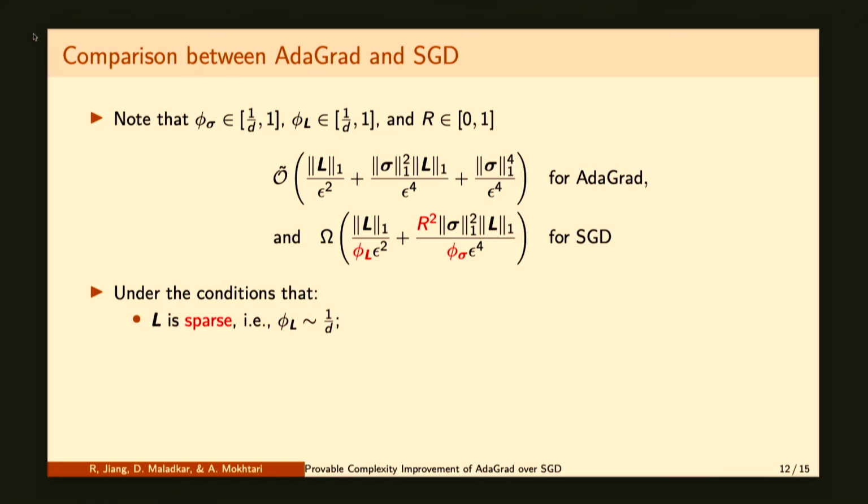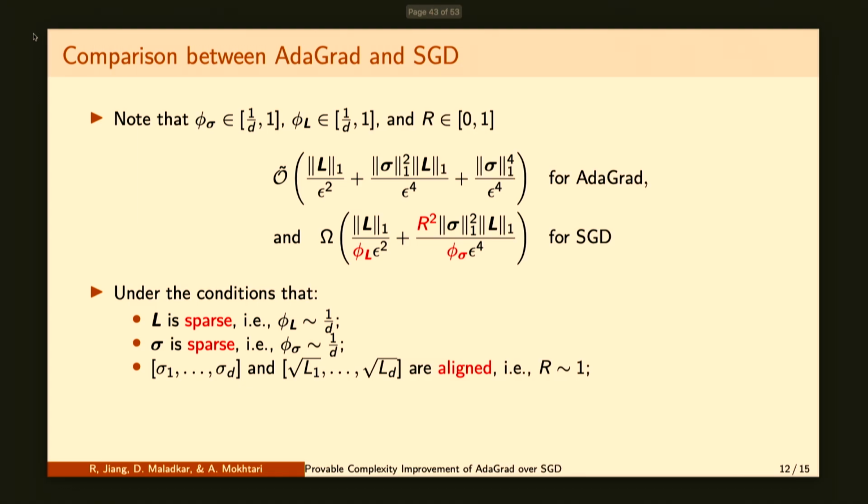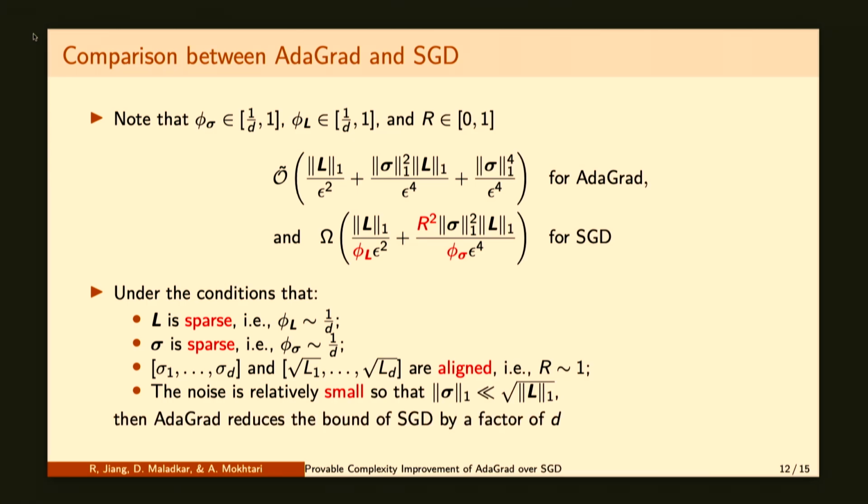This instance is where the phi sub L vector is sparse, the phi sigma is sparse, and the sigma vector and the L vector are also aligned. It also requires assuming that the noise is smaller than square root of L. If all of these are satisfied, then the rate of Adagrad is better than SGD by a factor of d.